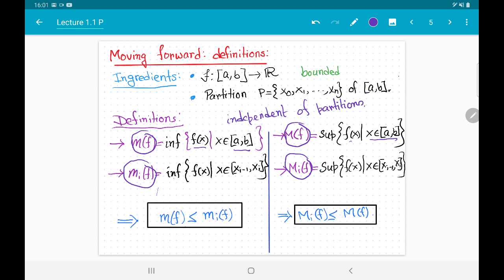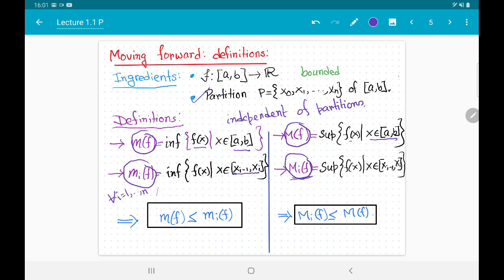Now let us introduce a partition P = {x0, x1, ..., xn} of the closed interval [a, b], and for each ith subinterval, for all i equal to 1 to n, I define small m_i f to be the infimum of f(x) as x varies inside the interval [x(i-1), xi].